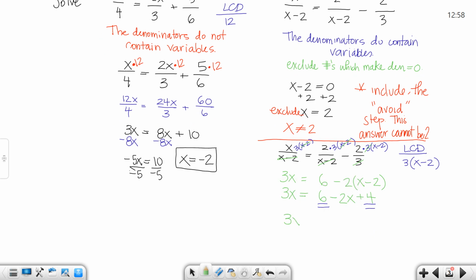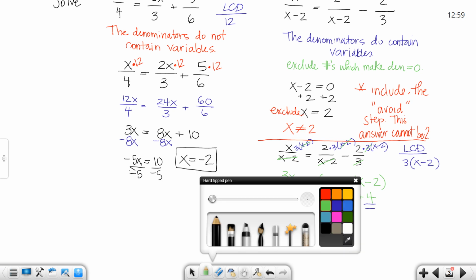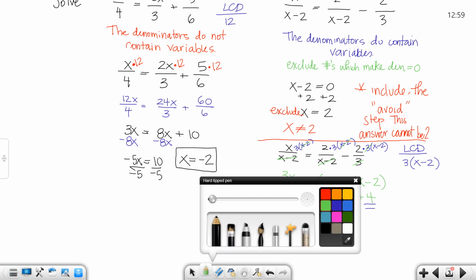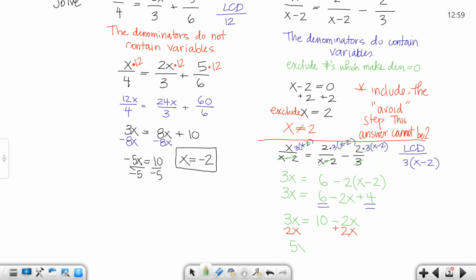So we get 3x equals 10 minus 2x. 6 plus 4 gives me the 10. Okay, I'll go ahead and move my 2x over. So when I move my 2x, that's going to add 2x to both sides. So 5x would equal 10.